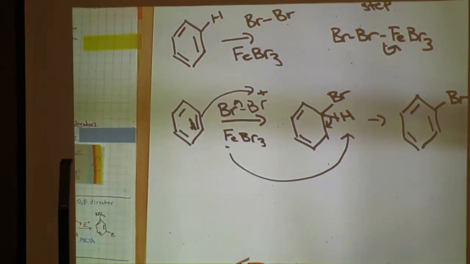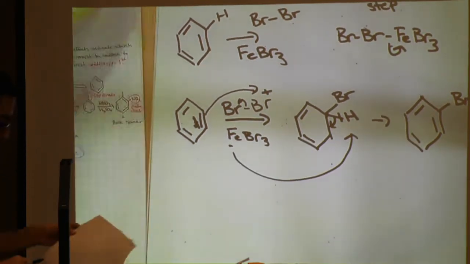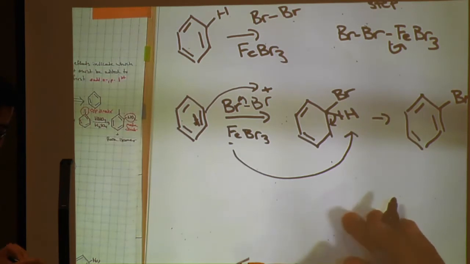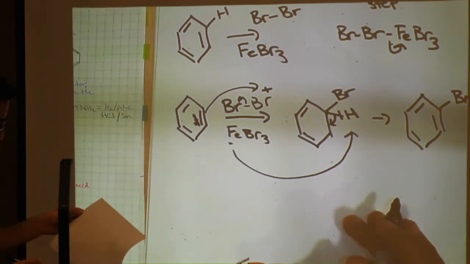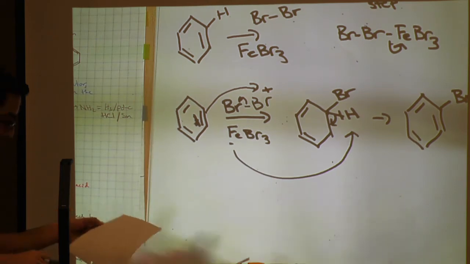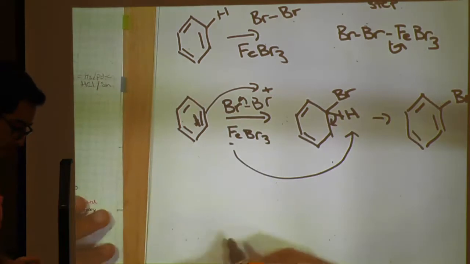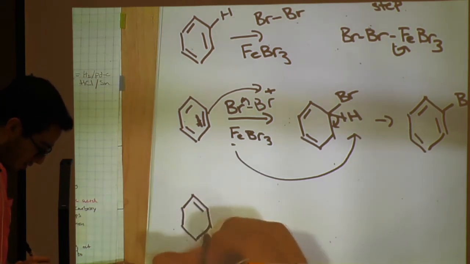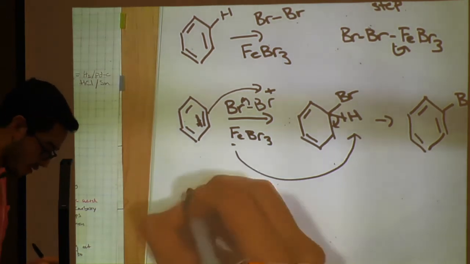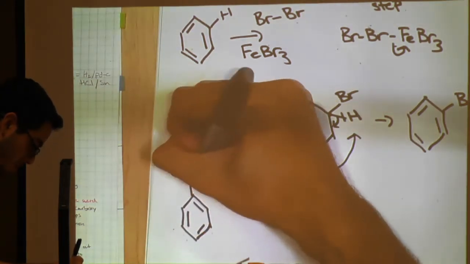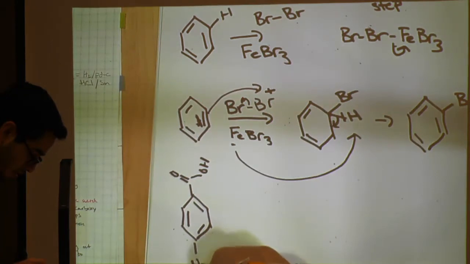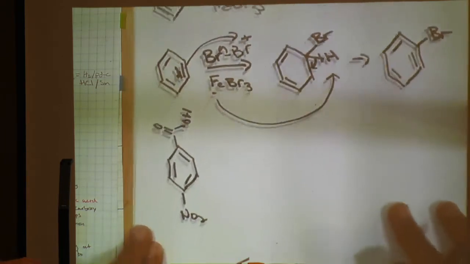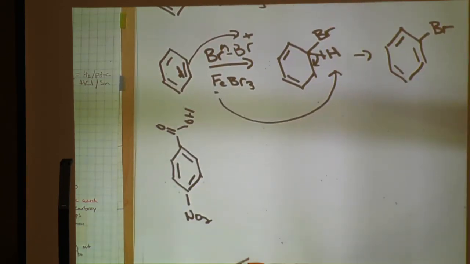So for example, if we have a benzene ring with NO2, and this is your final product, we need to know which order this happens in.